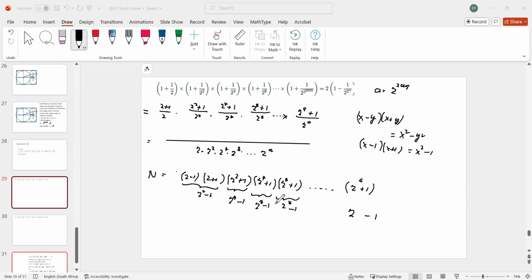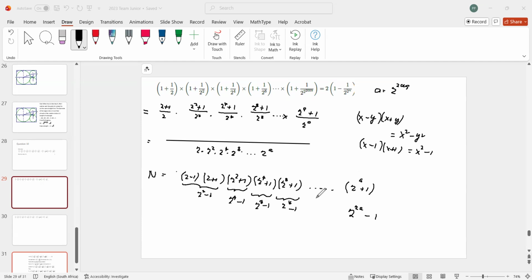But what is this something? You'll notice that underneath this, I've got 8, 16, 4, 8, 2, 4. So the power here will be twice the power there. 8 goes to 16. So this will be 2a.